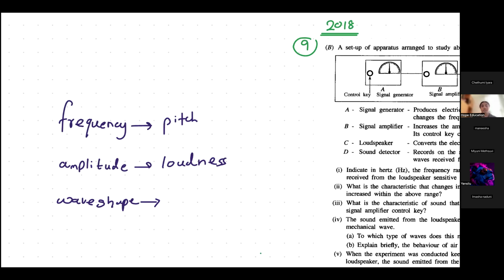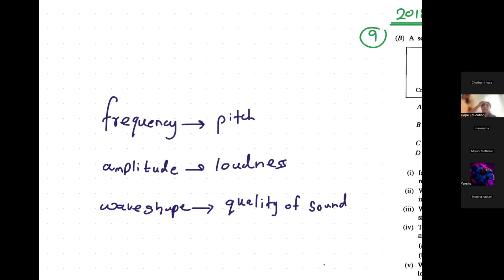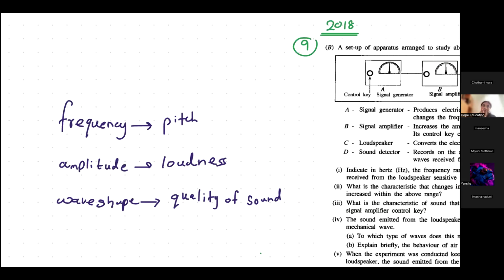Quality of sound, yes. Quality of sound. It's pretty simple. What it means is that when you hear the same notes played on a piano and on, let's say, a flute, the sounds are very significantly different, no?